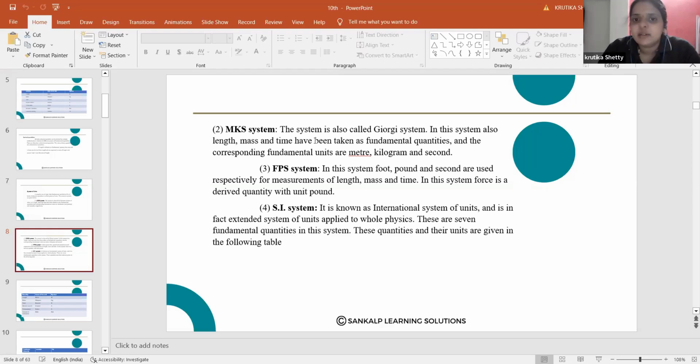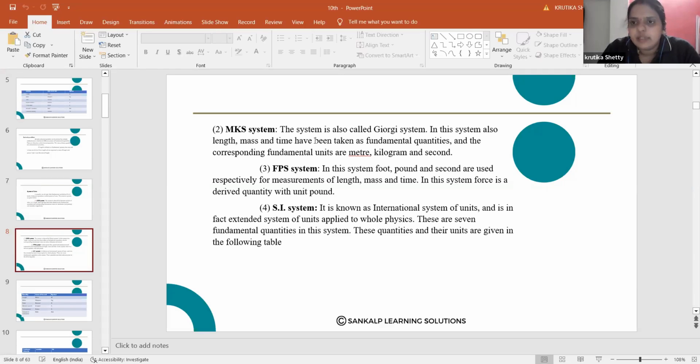In this system, length, mass and time have been taken as the fundamental quantities, but here the mass is expressed in kilogram, the length is expressed in meter, and the time is expressed in second. So this is about the MKS system.